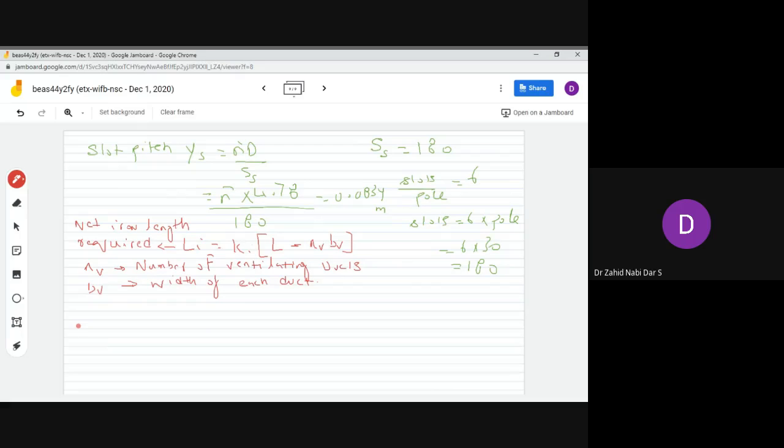Three ventilating ducts, each 10 millimeter wide, are provided. So the width of each ventilating duct is 10 mm. And this Ki value I also told you is the ratio, 0.9, that is 90%, which we saw in one problem previously.